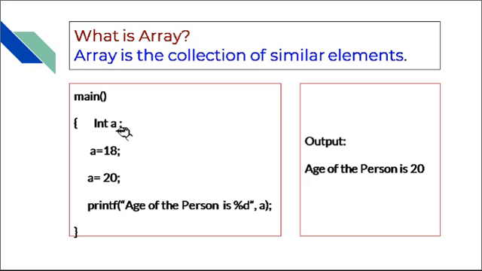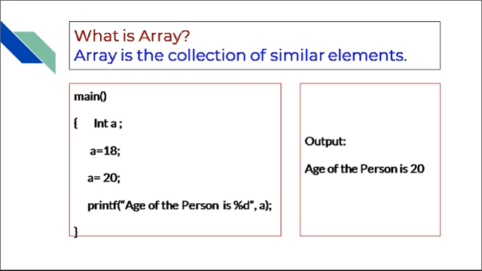So ultimately the value 20 is displayed. You have to understand that here the variable a is a simple variable. It is capable of holding only one value at a time.